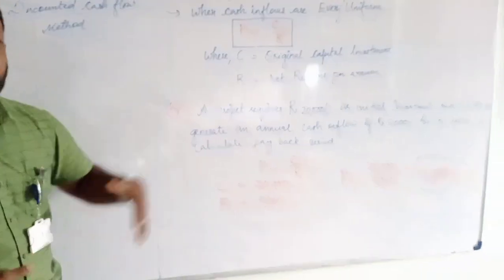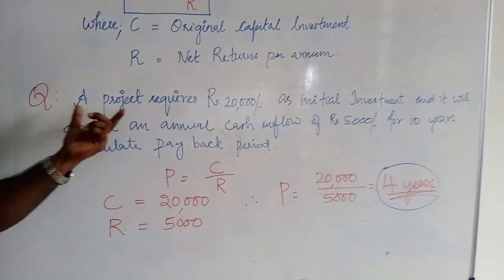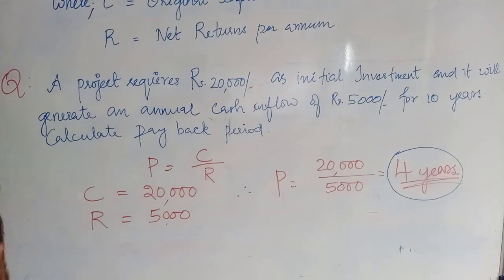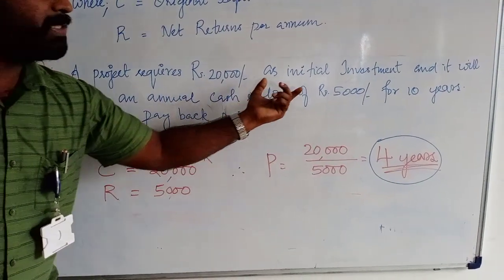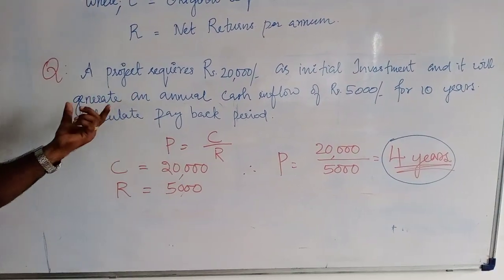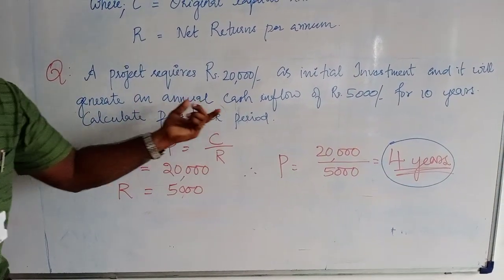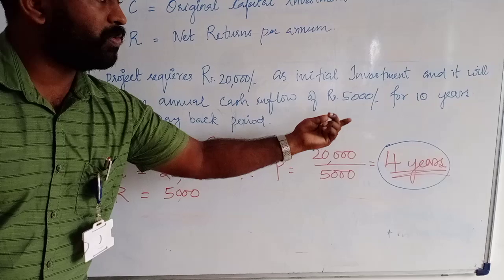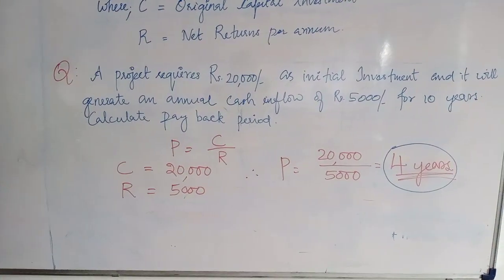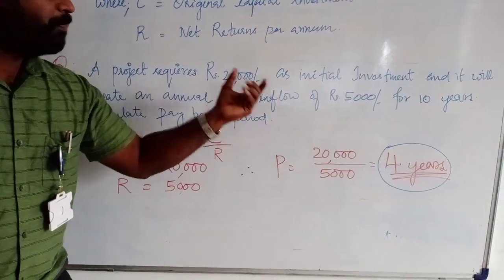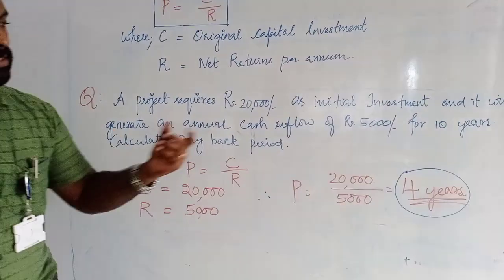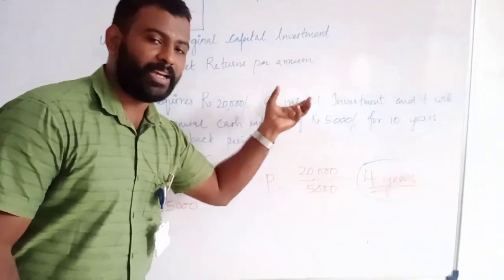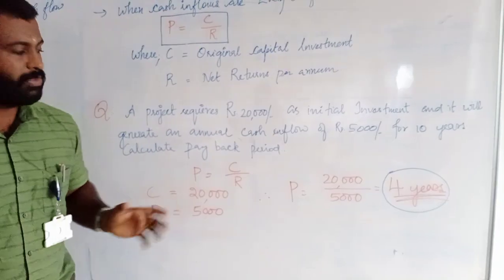So let's move to the example. Here I put an example on the board. A project requires rupees 20,000 as initial investment, and it will generate an annual cash inflow of rupees 5,000 for 10 years. That means in 10 years this project will give a uniform cash return, that is 5,000 regularly for the upcoming 10 years.